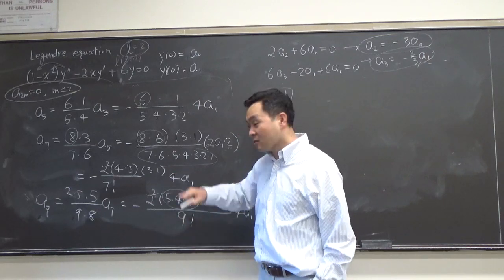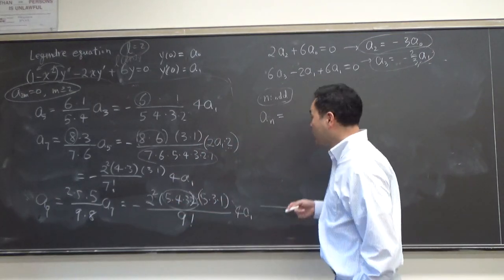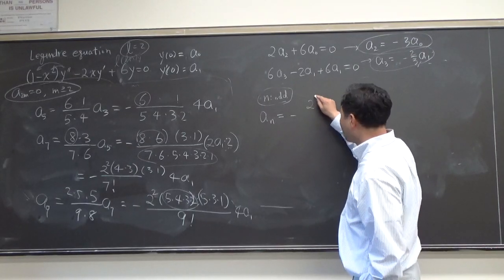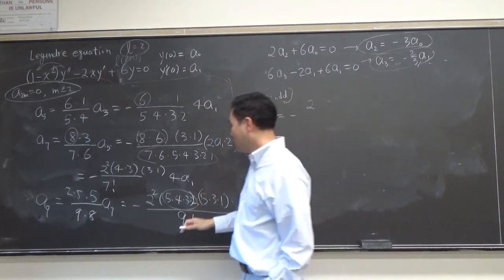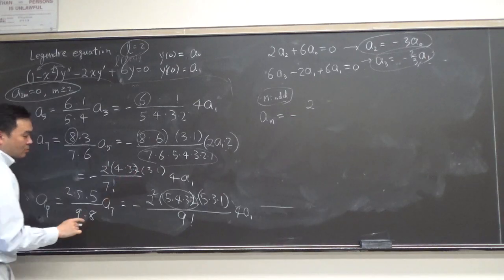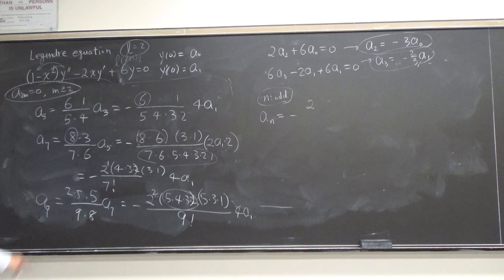So as n increases, this factorial goes up, right? So what you get is negative 2 squared. This also increases. So if I put this as first power and then 2, 1, 2, 3, 4, 5, so it's n minus 6, right?